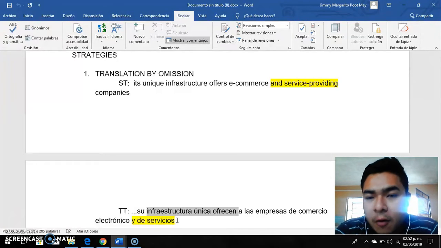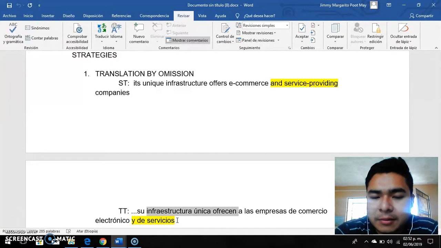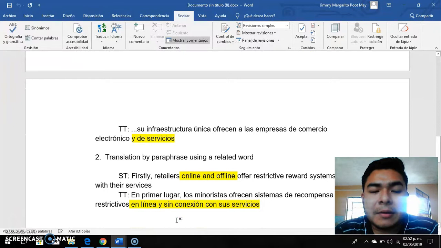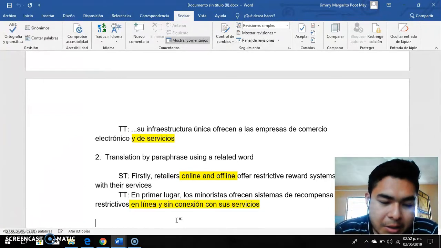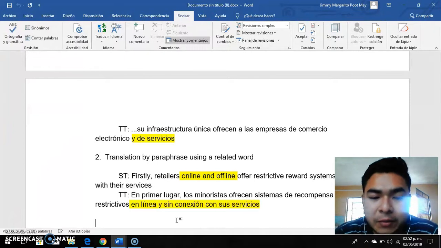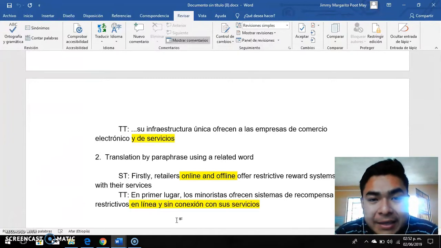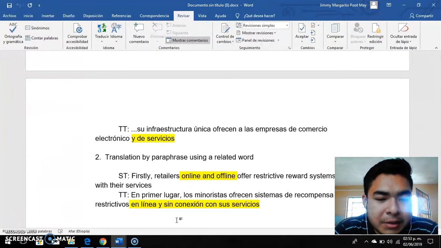that enterprise offers service providing. Okay. Also, and finally, I use the technique translation by paraphrase using unrelated word. This was really one of the problems I faced when I was translating. Online is commonly translated as en línea, but offline is not a common word in Spanish.